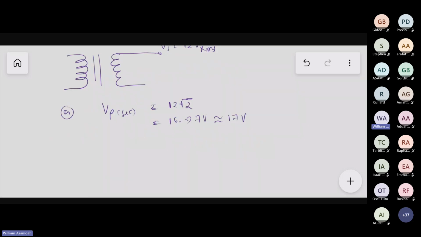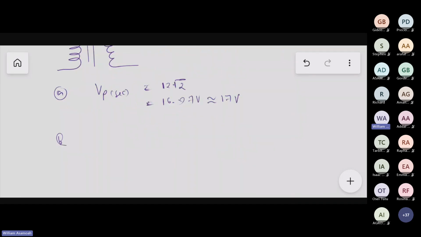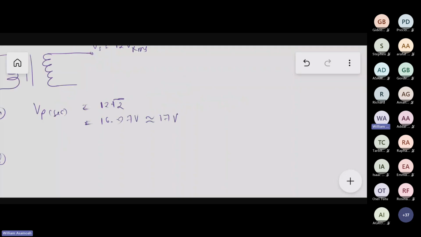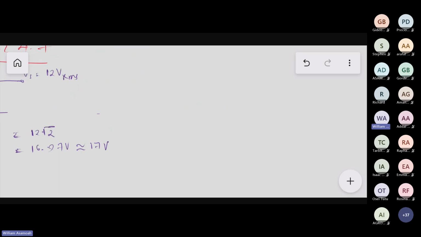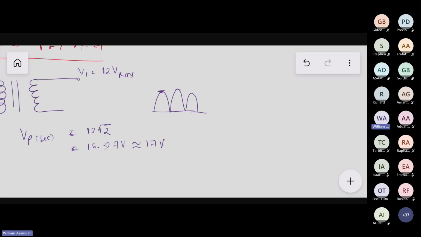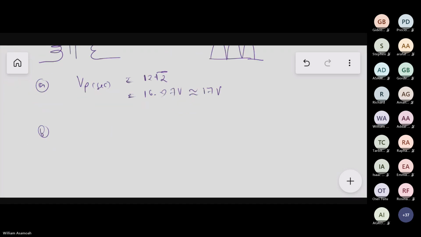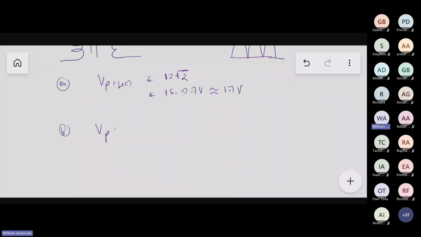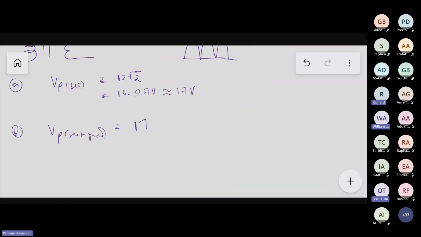Then B is to find the V peak of the rectified DC voltage. So the rectified DC voltage looks like this. Because it is passing through two diodes, the V peak of the rectified output is going to be equal to 17 volts minus 1.4.